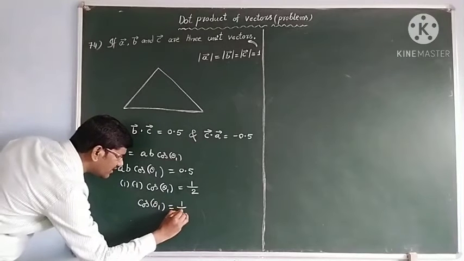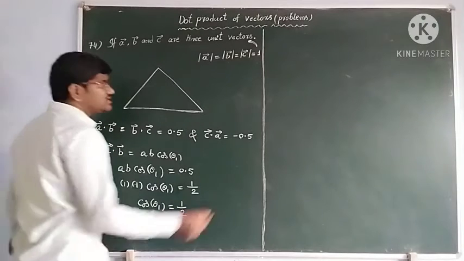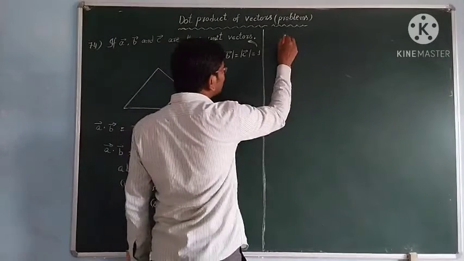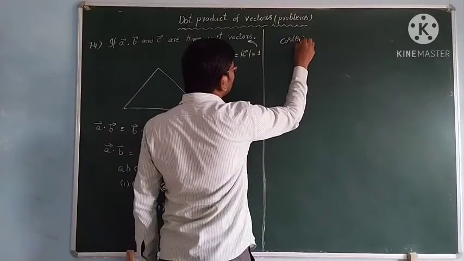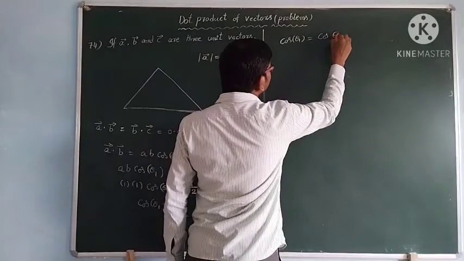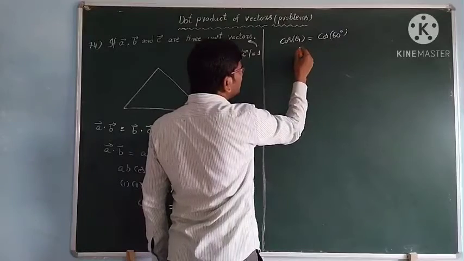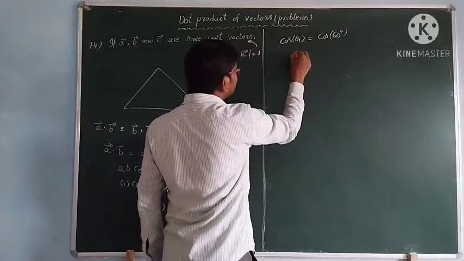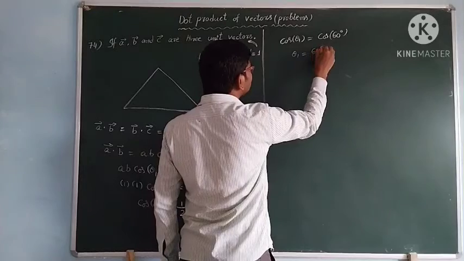Means we can write like this, see students: cos of theta 1 is equal to 1 by 2 means cos 60 degrees, that implies theta 1 is equal to 60 degrees.